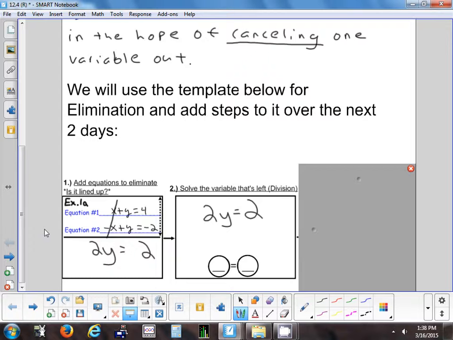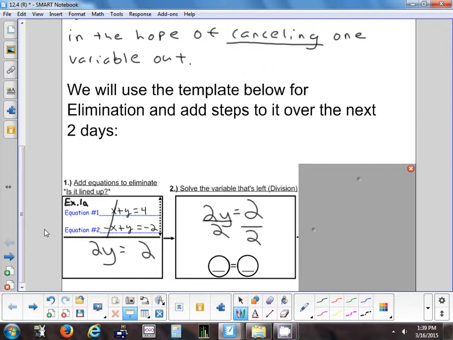Like Kayla was saying, what do you want to do, Kayla? Divide by 2, right? This is 2y equals 2. Brad, what's the variable that's left? No, the variable. What's a variable? Y, right? So again, like we've done since the beginning of the year, we want to get that by itself, divide by 2. Right down here in these little circles, that's where I'm going to put my answer.